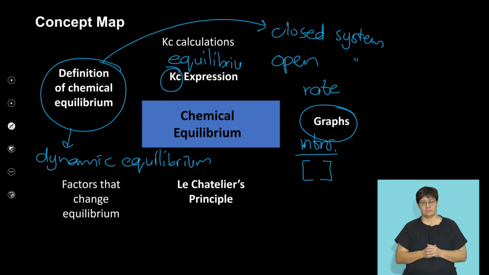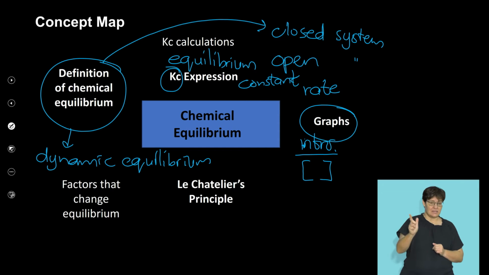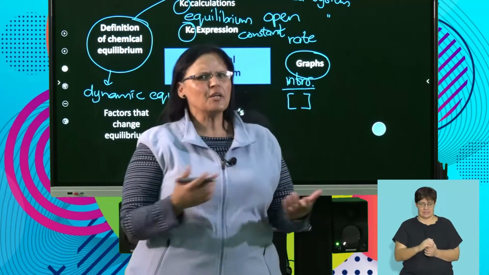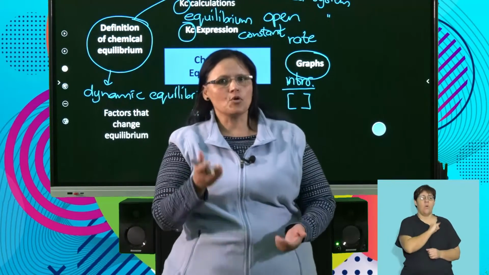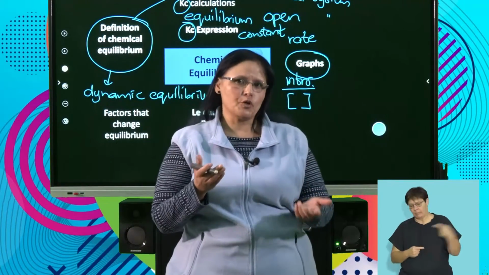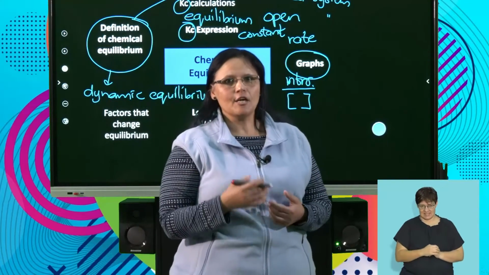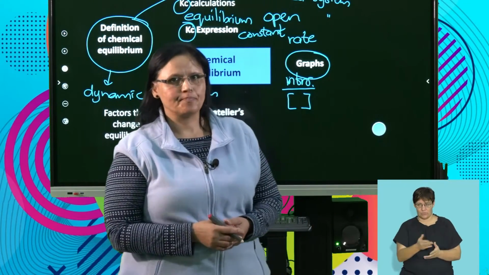So in this session, we will look at the equilibrium constant and what it is, and then in a later session, we will look at the calculations, how we calculate this equilibrium constant. In short, we call this equilibrium constant Kc.